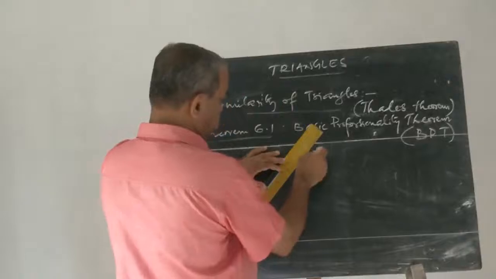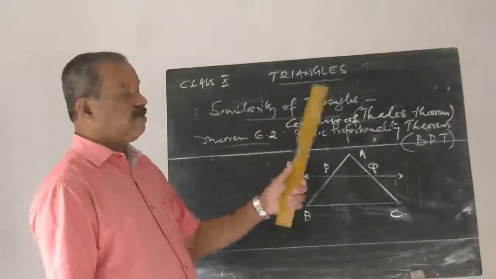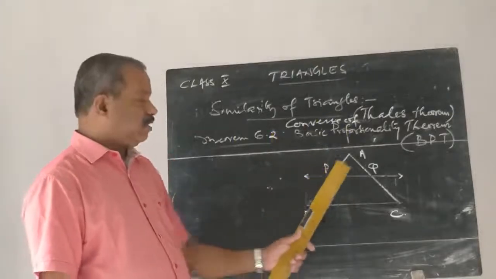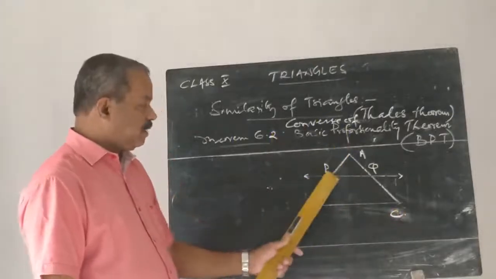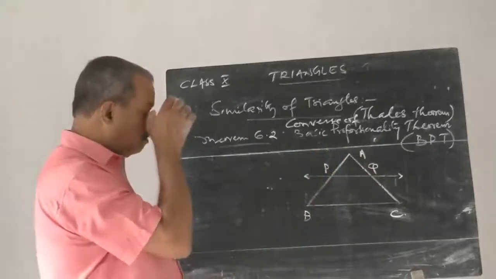Now, think of the converse of BPT. What is BPT? In a triangle, if PQ parallel to BC, then AP is to PB equal to AQ is to QC. What can be its converse?